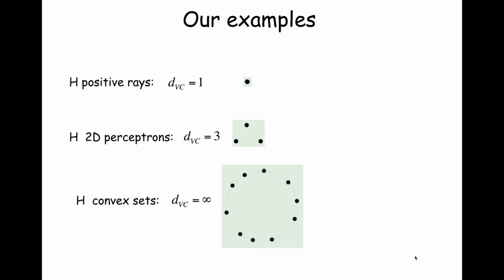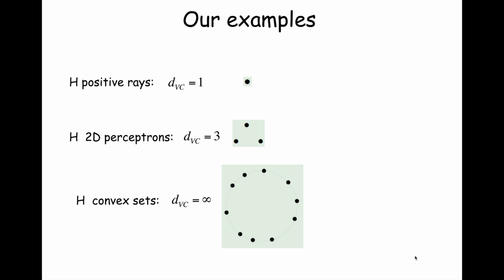You just assign any +1, -1 labeling, you connect the positive points, and then everything in that region, that polytope formed by the convex set, formed by connecting the positive points, is positive, and everything outside is classified as negative, right? The VC dimension for the convex sets is infinite.